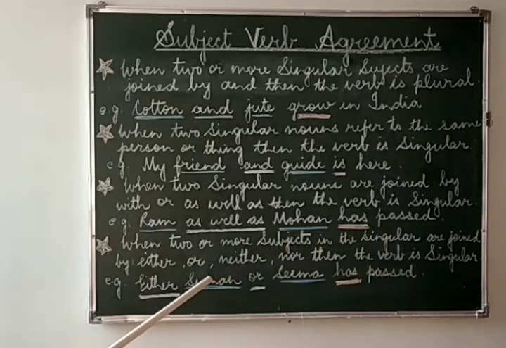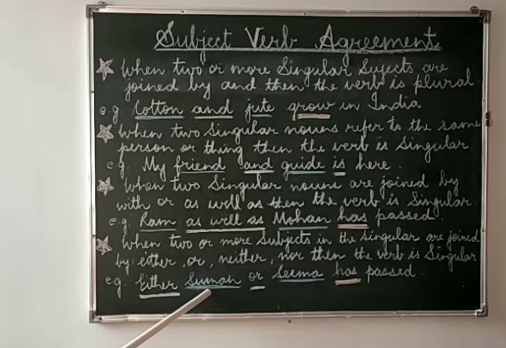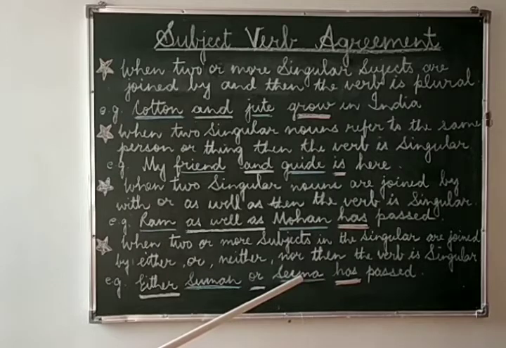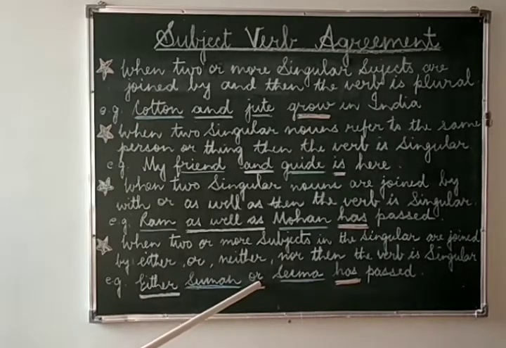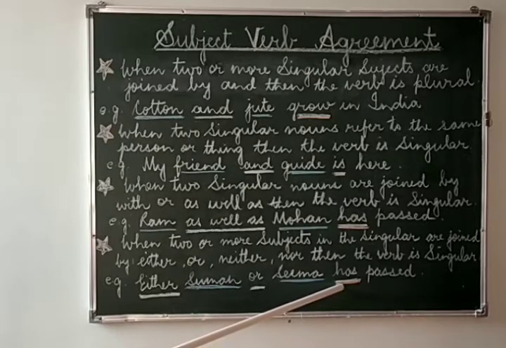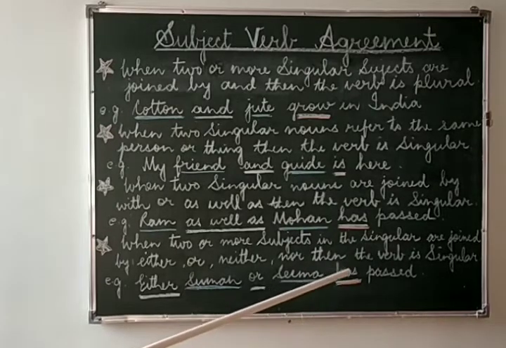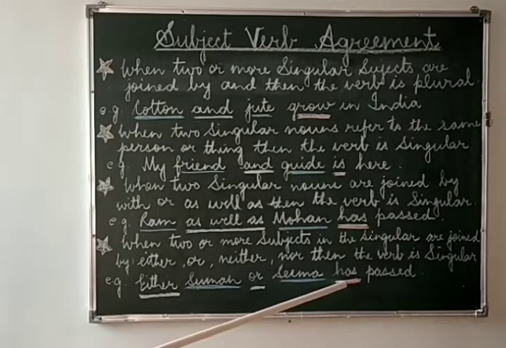Here the subject is Suman, which is singular, Seema, that is also singular, and they are joined by the conjunction either and or. Therefore, the verb must be in singular form and has is a singular verb.